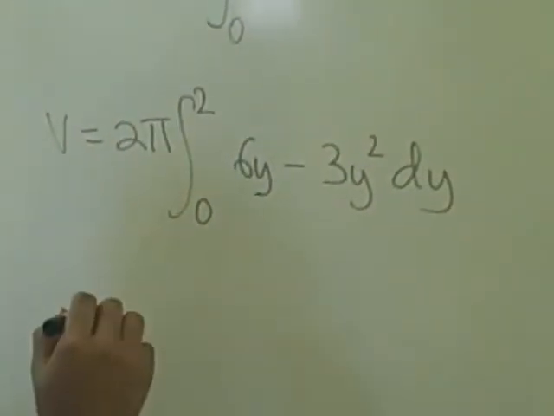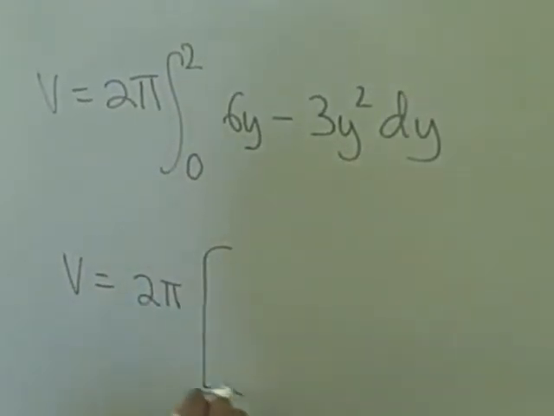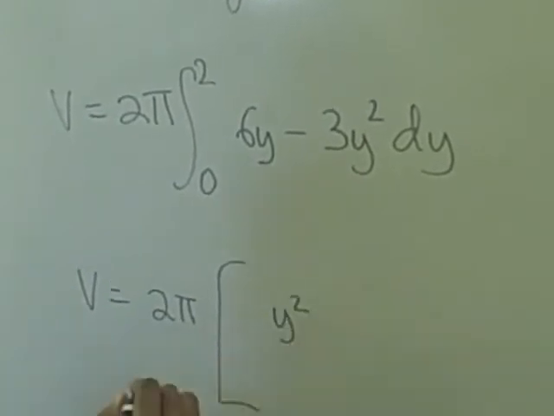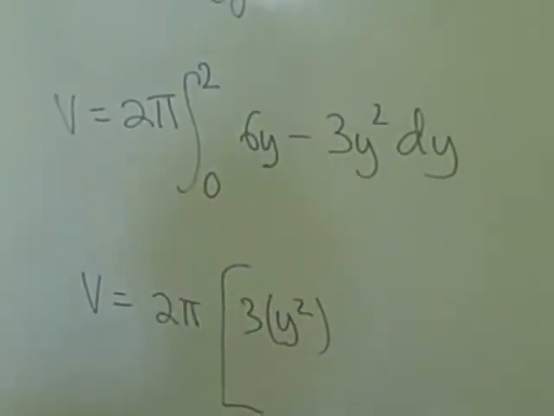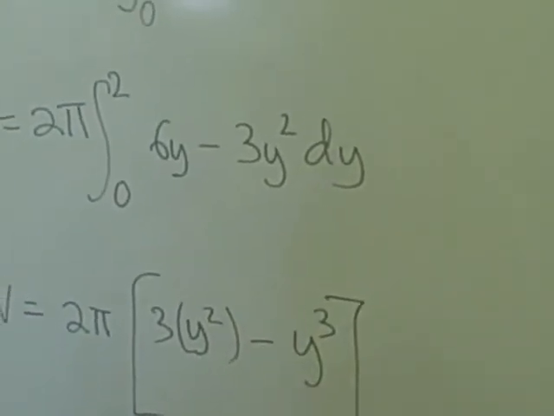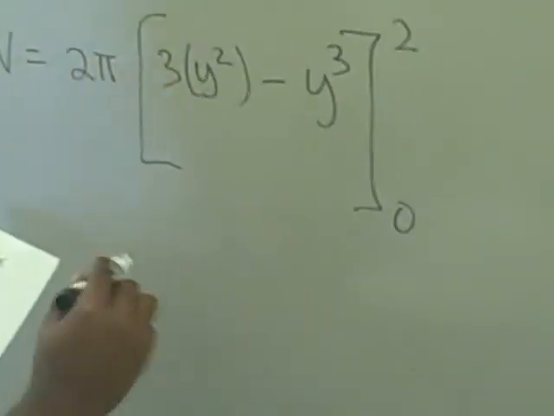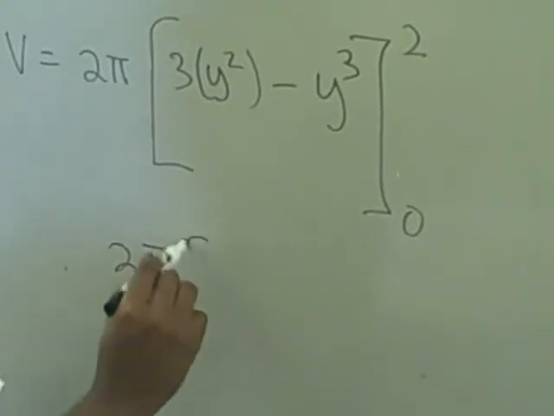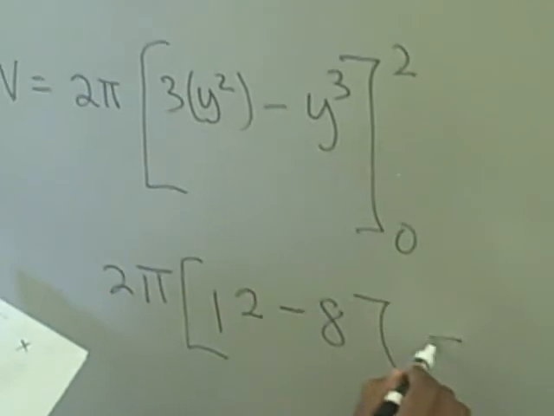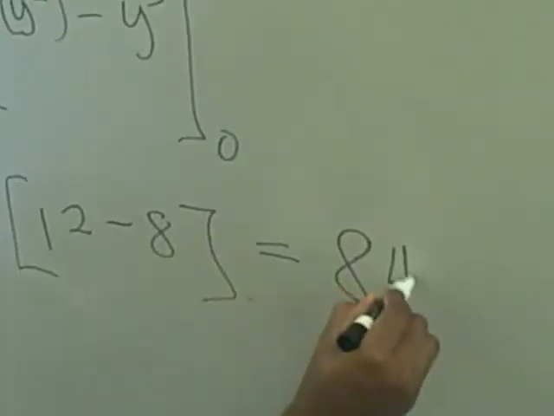And from here it's just a simple integration, and this gives us v equals 2 pi times, if you integrate this, you get 3y squared minus y cubed from 0 to 2. And if you plug that in, you get 2 pi times 12 minus 8, and that gives you the volume as 8 pi.